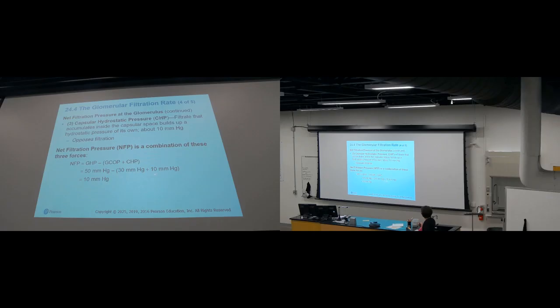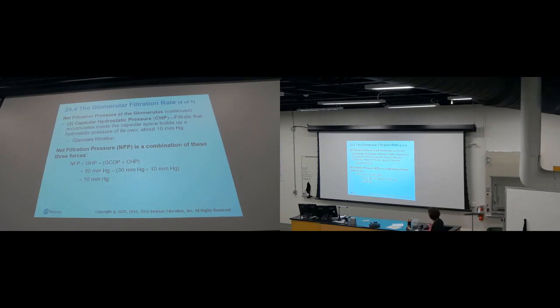And if you take into account the 10 millimeters of mercury that we have in the capsule space for hydrostatic pressure, if you sum these two, the glomerular colloid osmotic pressure, or GCOP, which is 30, plus the CHP, which stands for capsular hydrostatic pressure, 30 plus 10, how much is it? 40.